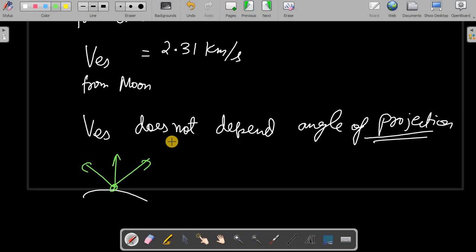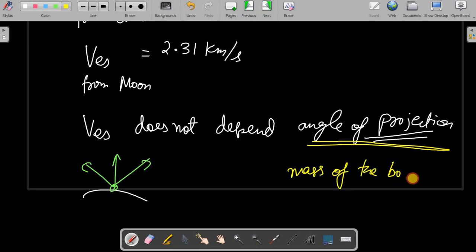It will not depend on the direction, and it also does not depend on the mass of the body. People may think that if you have to project a very large object, then we need to give very large speed. No, escape velocity is the same. So with this we have covered this topic.